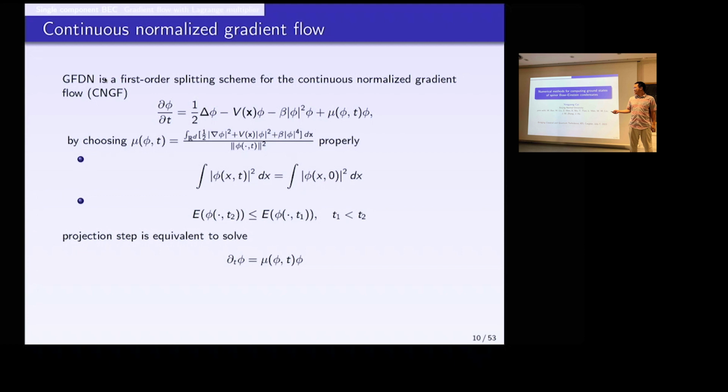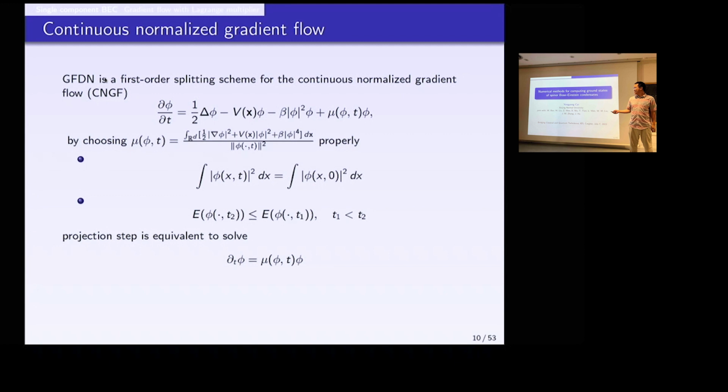This is basically the gradient flow on the constraint manifold, where the L2 norm of the wave function is equal to 1. By using the normalization constraint, we can compute the Lagrange multiplier in terms of the unknown function phi. So this is an integral differential equation.